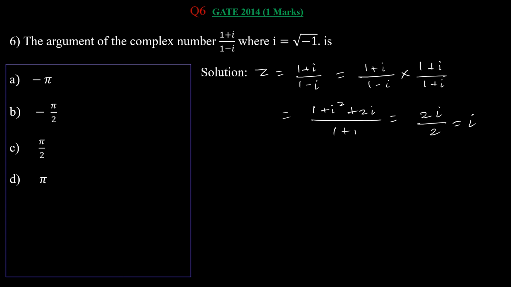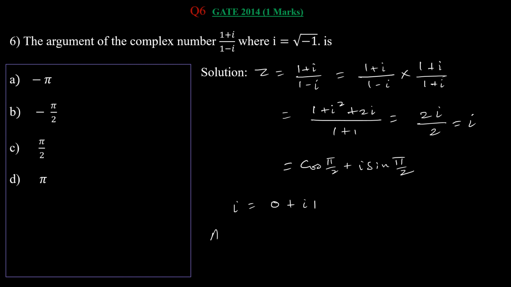So finally i. So this i can be written as cos pi by 2 plus i sin pi by 2. So the argument that we know, theta is pi by 2. Here this also we can represent another way, i can be written as 0 plus i into 1.